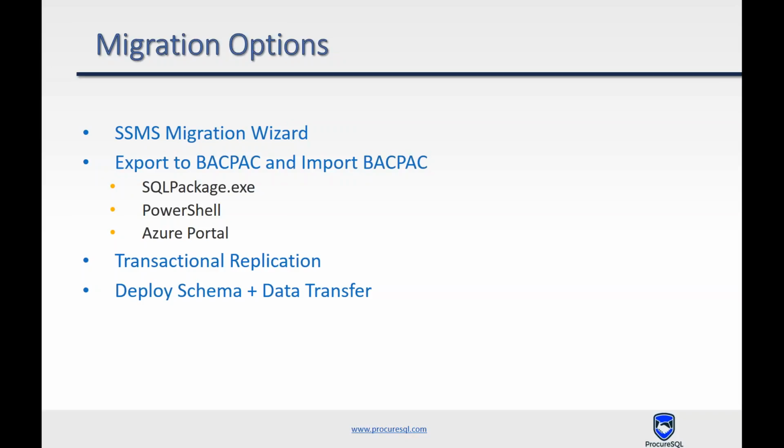But with transactional replication, ahead of time, you can actually push the data over from whether it's a VM out in Azure, or if this is your local data center and you've set up security so it can send the data out, you could do it in advance, and while you're changing data out in production, all that data is going to be changed over on the fly. And of course, you also have your deploy schema and data transfer as well.